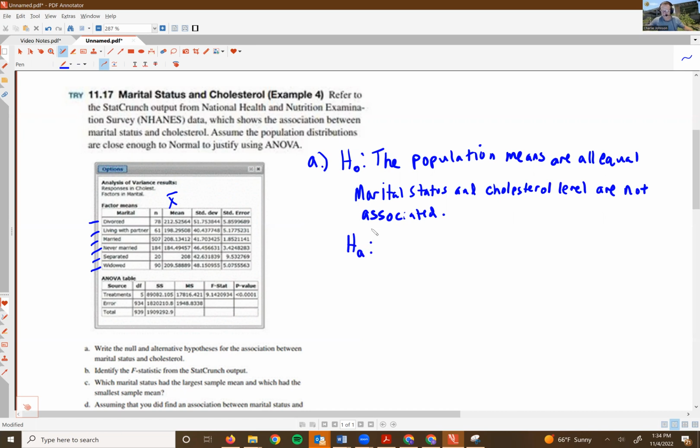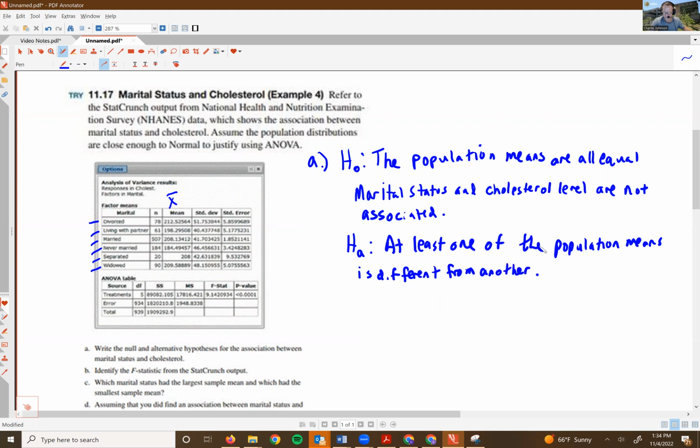The alternative is the opposite of this. The opposite of the population means are all equal is at least one of the population means is different from another.